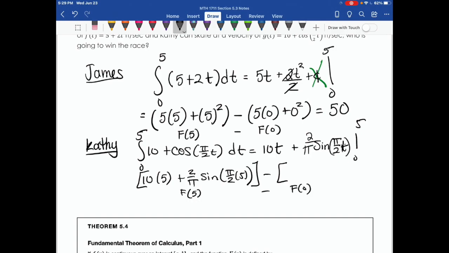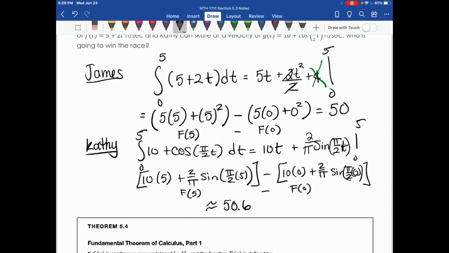I'm going to subtract my F of 0. That's going to give me 10 times 0 plus 2 over pi times the sine of pi over 2 times 0. Now, when I clean that all up and put that in my calculator, remember to be in radians, I'm going to get approximately 50.6.